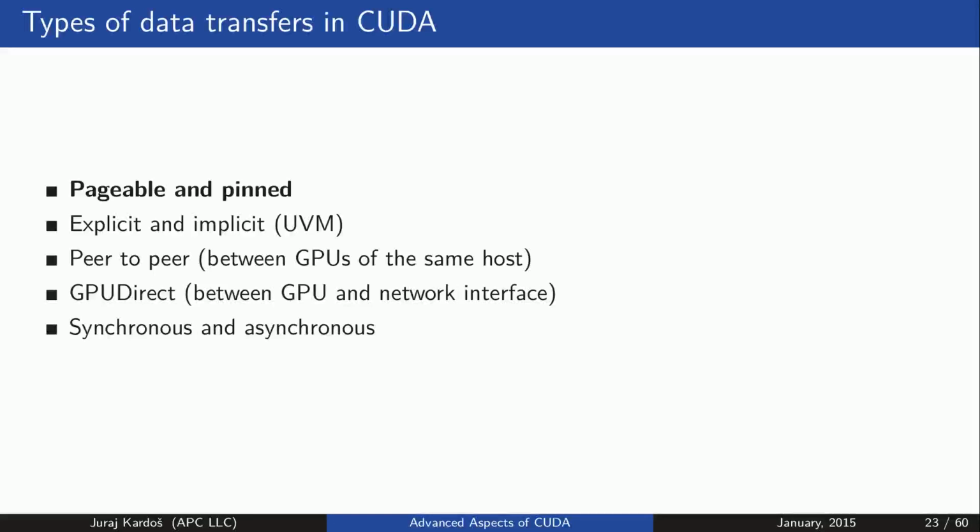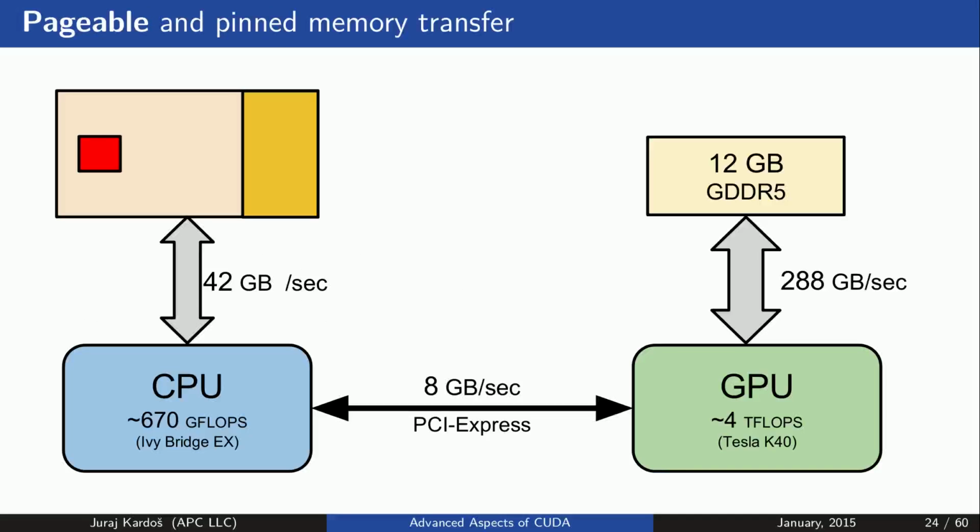First of all, let's have a look on the difference between pageable and pinned memory. When you allocate memory in a host code, the allocations are pageable by default, which means it may be swapped to disk. So your data may not be present in a physical memory when the transfer to device is requested.